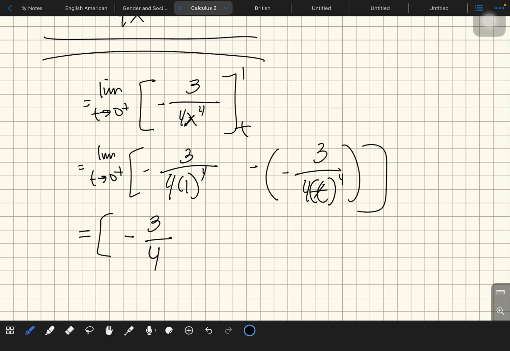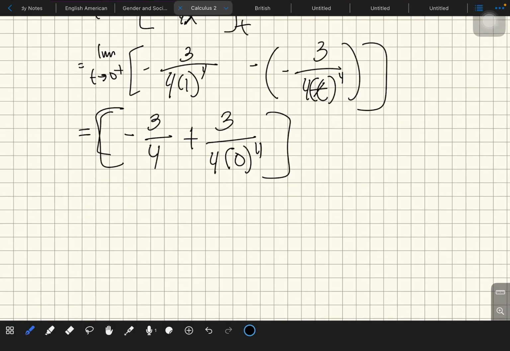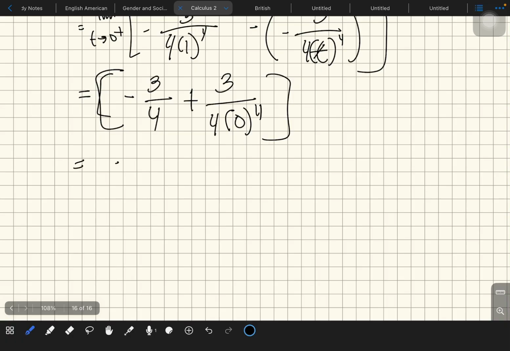This will become positive, because negative times negative is equal to positive, so that will become positive 3 over 4, apply the limit, 0 raised to 4. So the answer will be negative 3/4 plus 3 over 0.